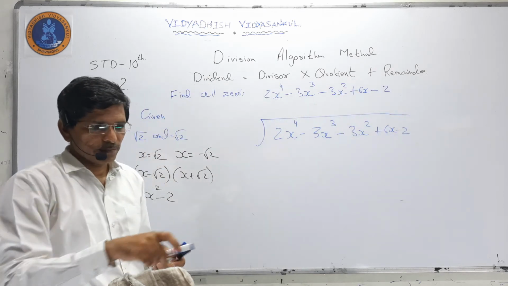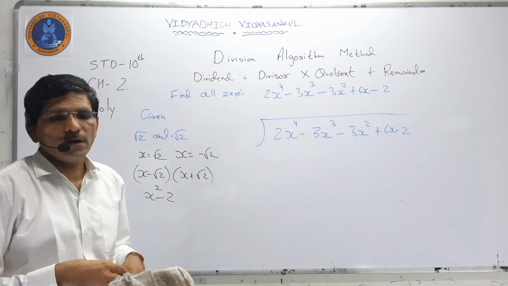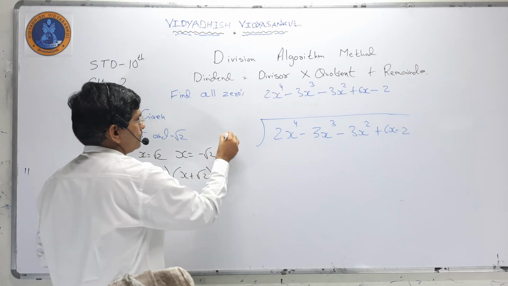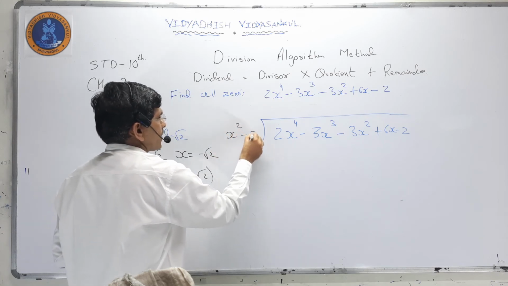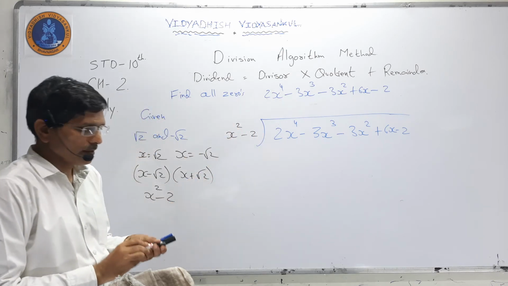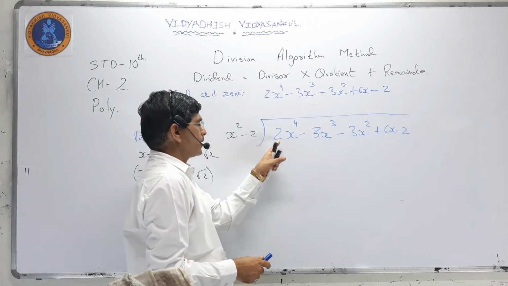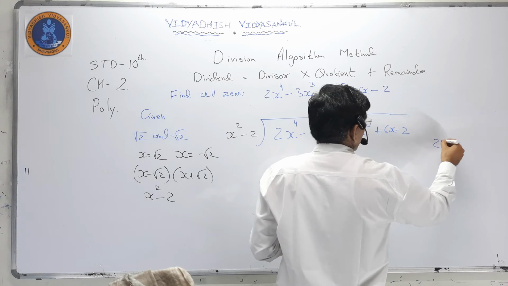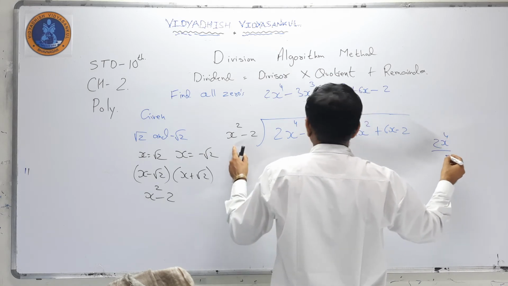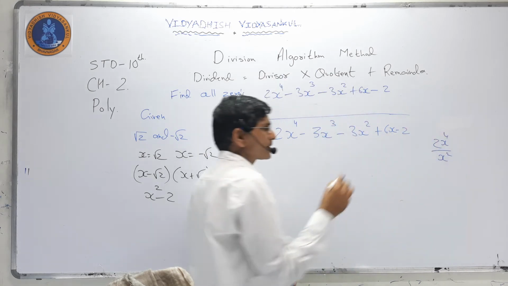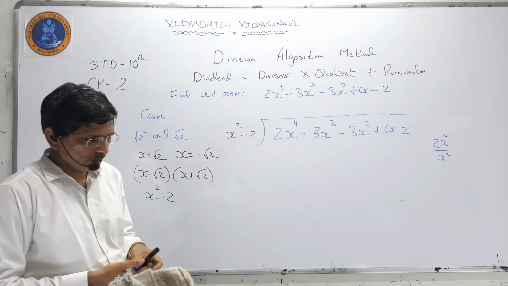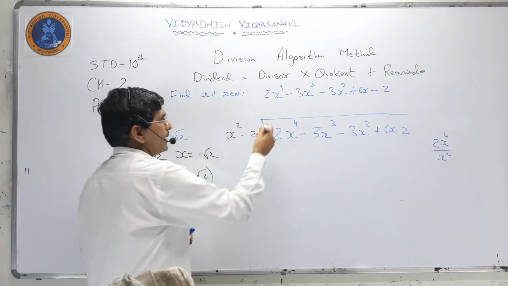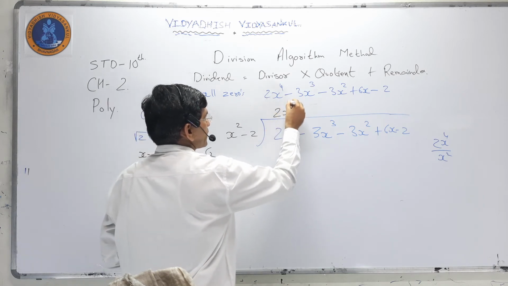Now I have to do it by long division method, dividing by x square minus 2. What is the first step again? I have to divide 2x the power 4 by x square. So if I divide it, I will get answer 2x square. So I have to write it here, 2x square.